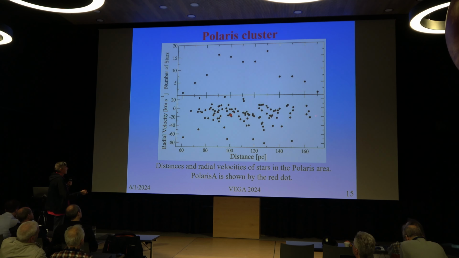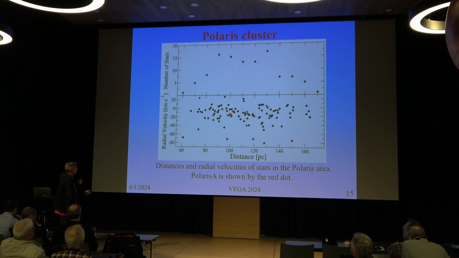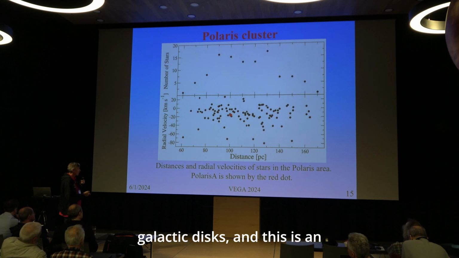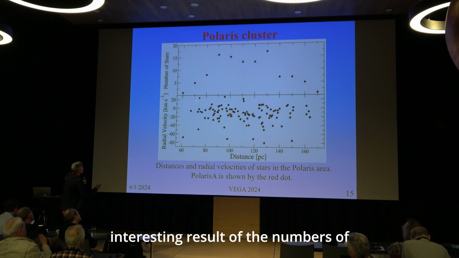The majority of stars have a radial velocity estimation close to Polaris, and some stars have a larger radial velocity, and these stars are members of the thick galactic disk. And this is an interesting result.